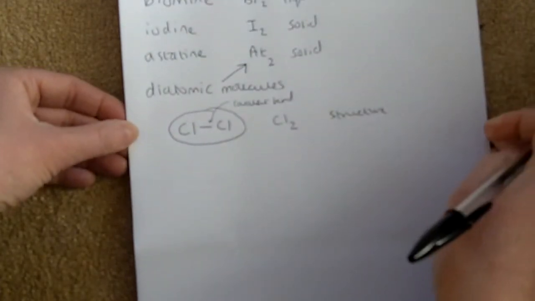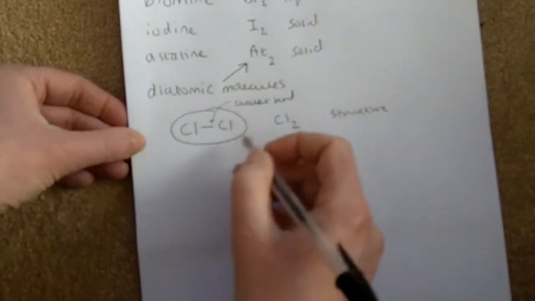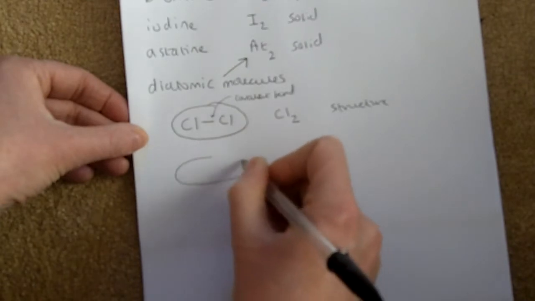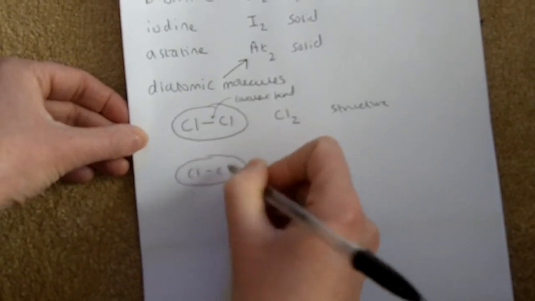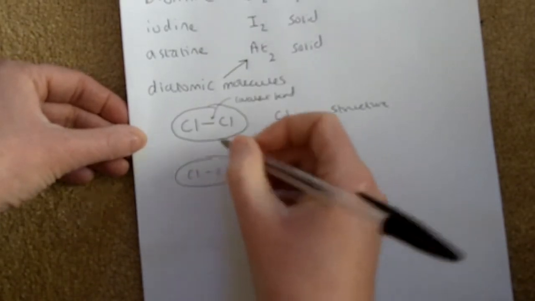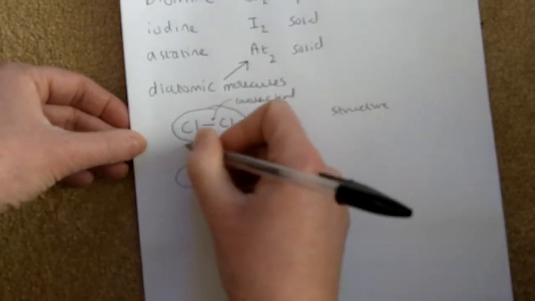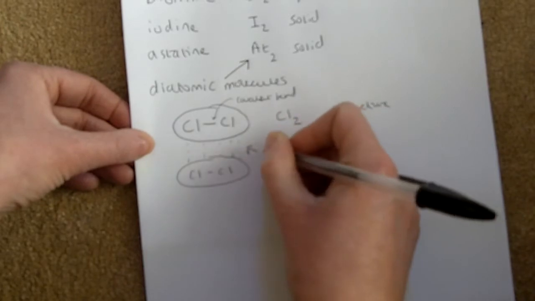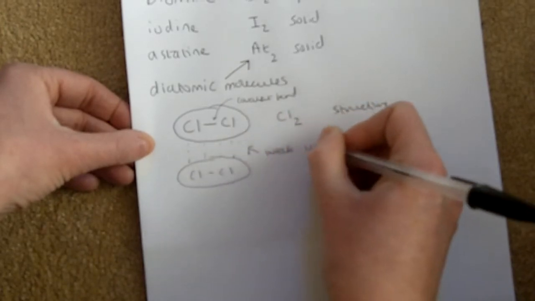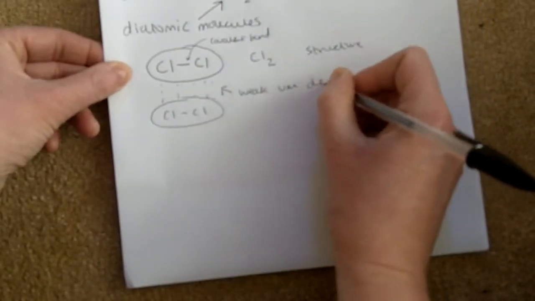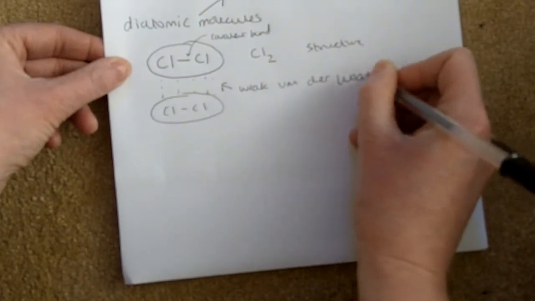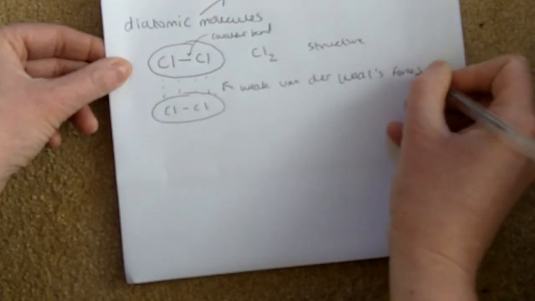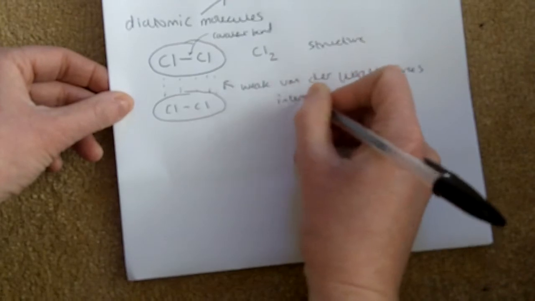And the same structure for all of the group 7 elements. Well, if you take that chlorine molecule and another chlorine molecule, what's between the chlorine molecules? Between the chlorine molecules are weak van der Waals forces. The weakest intermolecular force.